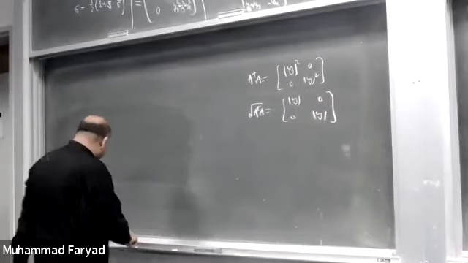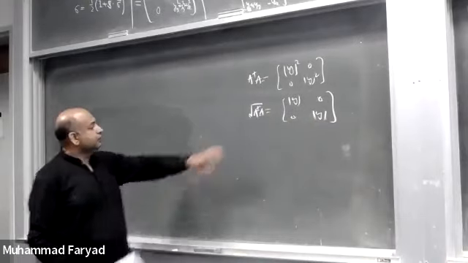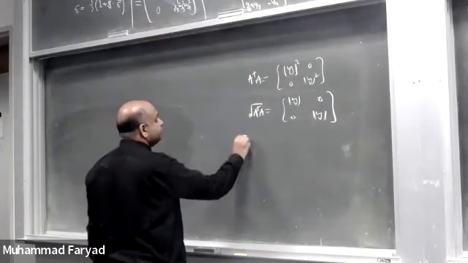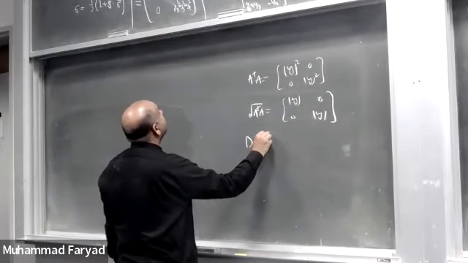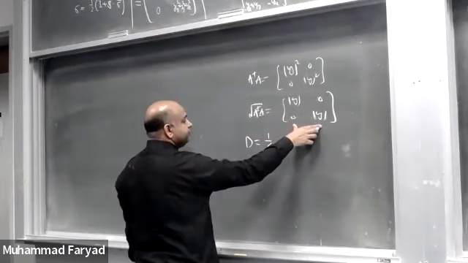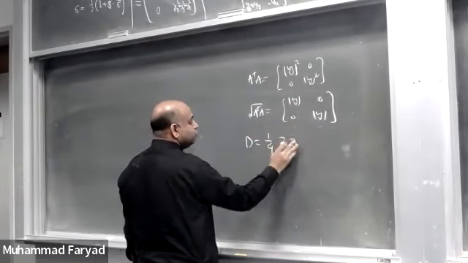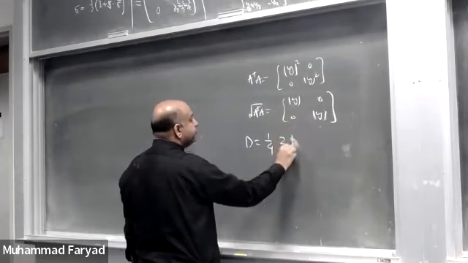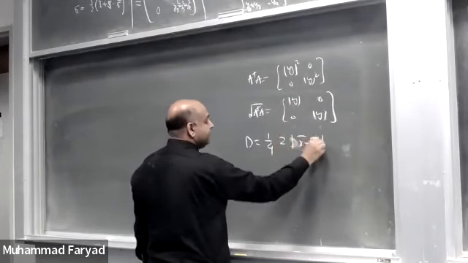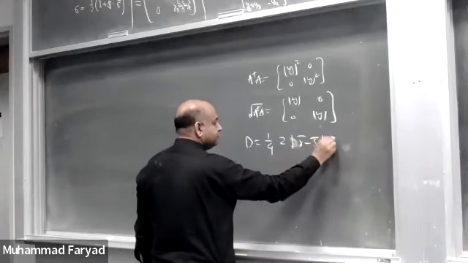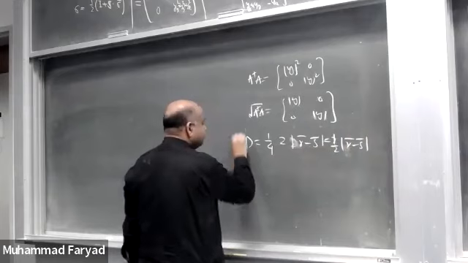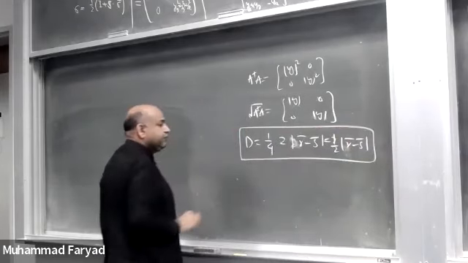So we have been able to find the square root operator. Now getting back to the distance, d will be 1/4 trace of this, which is 2 times mod y, and y was defined as R minus S, so it is half mod R minus S. So this is the trace distance between them.